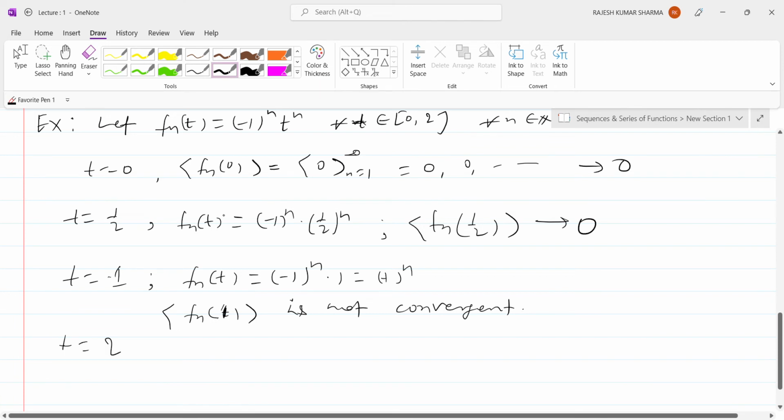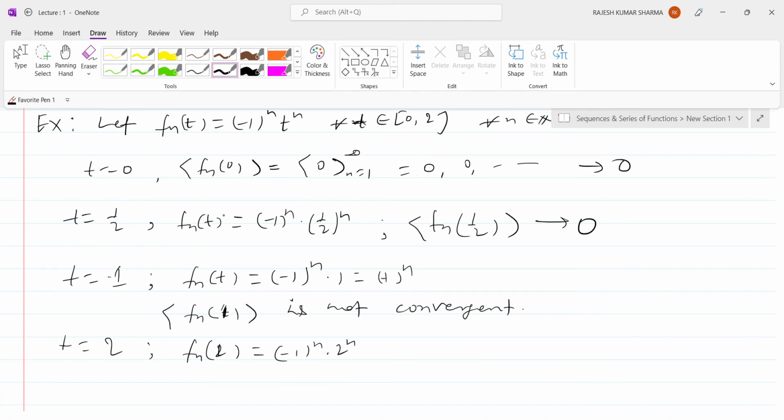And at t is equal to 2, now you see t is equal to 2, what happened? f_n(2) equal to (minus 1) to the power n into 2 to the power n, which is not convergent. The sequence f_n(2) is not convergent.